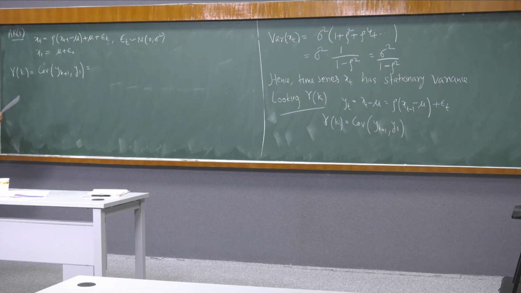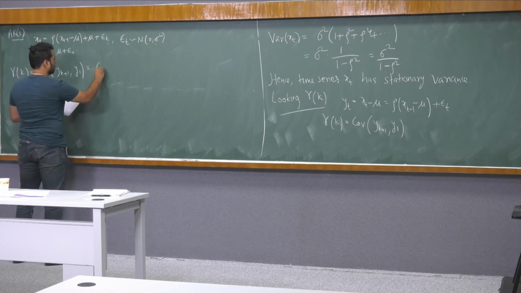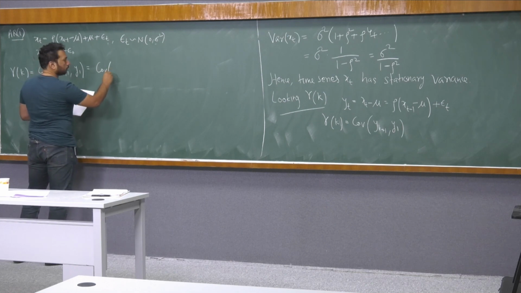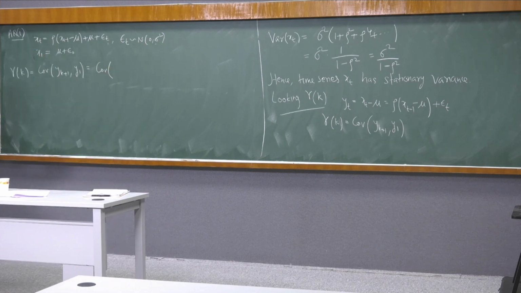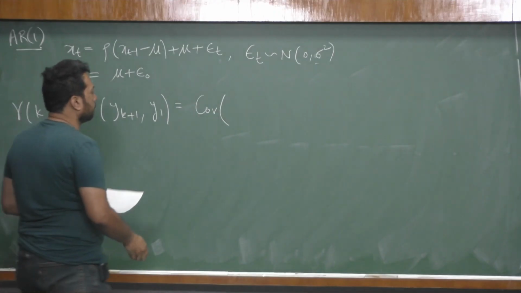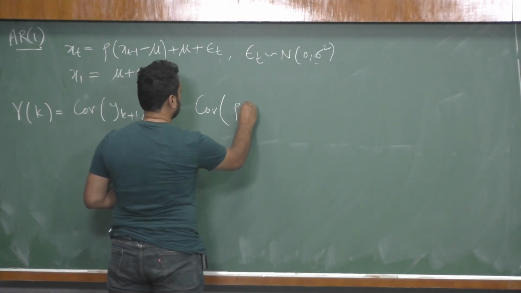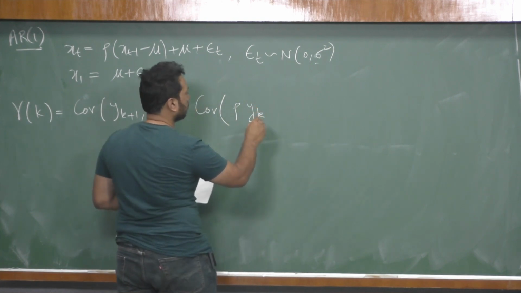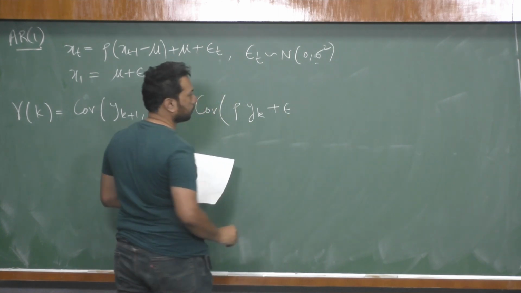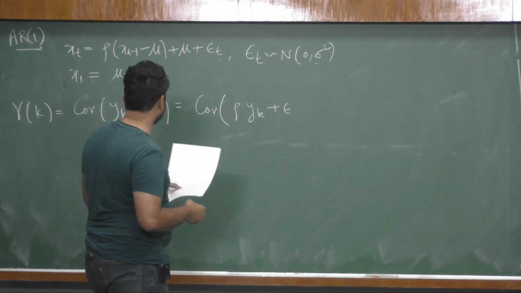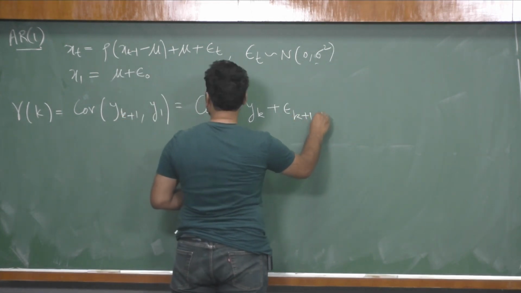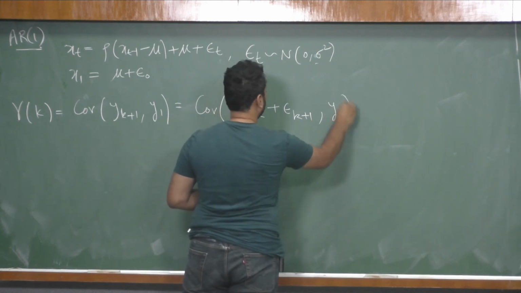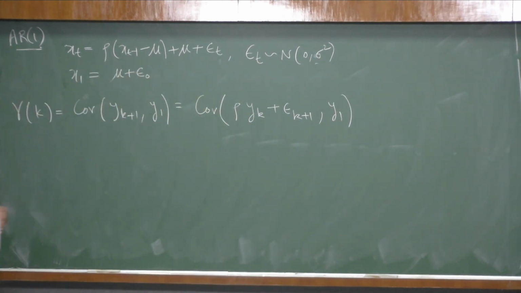So this is the covariance of rho times yk, and then plus epsilon k plus 1, and then we keep the y1. So we use the expression there, yk plus 1 is rho.